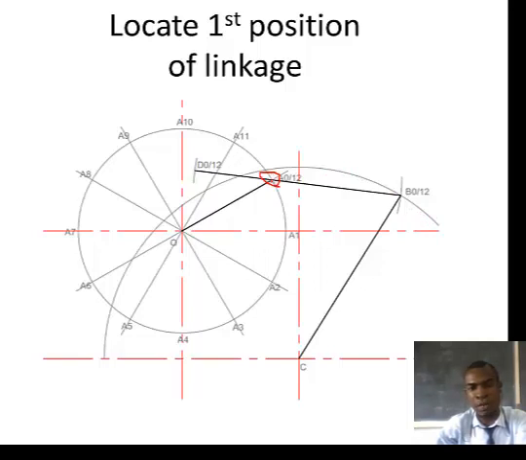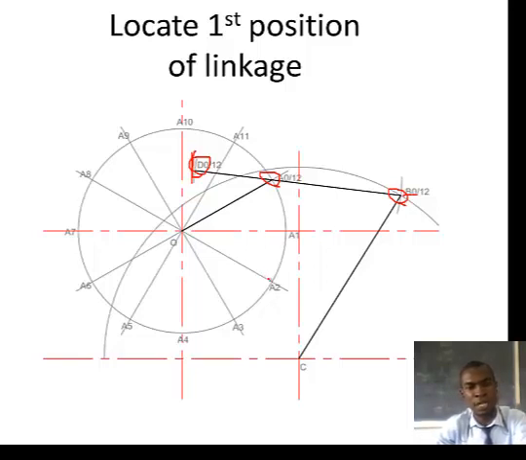So you've located position B0, the first position of B in the link mechanism. We also know that from B to D is 80 millimeters. So you stand at position B0, open your compass to 80 millimeters, and strike an arc here so that you locate the position of D0. That's your first position of the linkage.